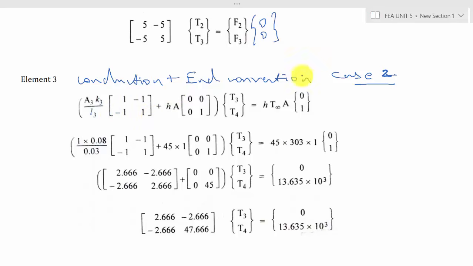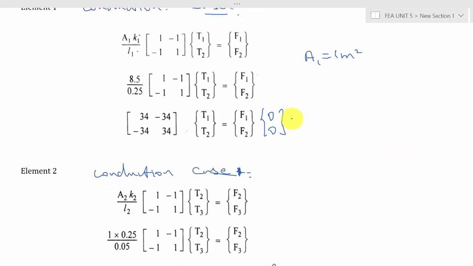For case 2, the equation is AK by L, that is A3 K3 by L3 times matrix 1 minus 1, minus 1 1, plus h A times matrix 0 0, 0 1, with temperatures T3 and T4, equal to h T alpha A. Here I have considered A as 1. K3, L3, H and T alpha are given. I have substituted all the values, multiplied inside the matrix, and added these two matrices. So this is my final solution, and here I have a force vector since it has end convection.